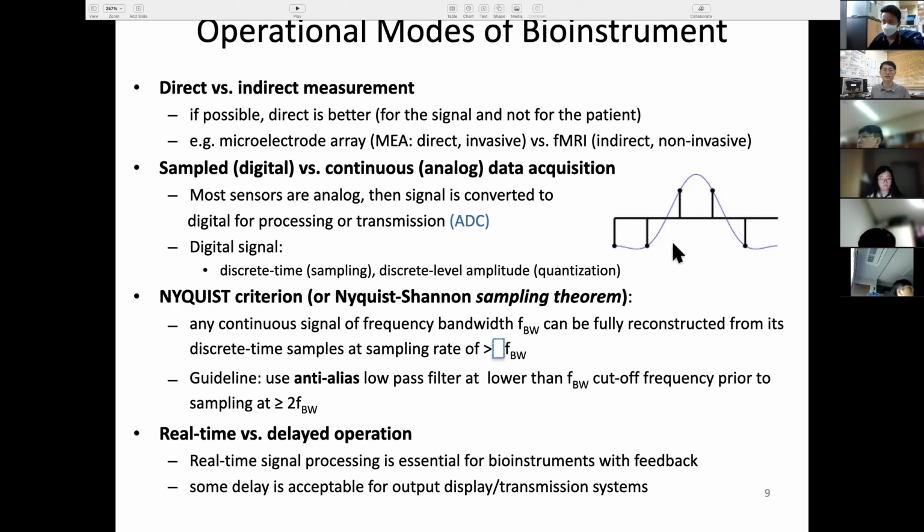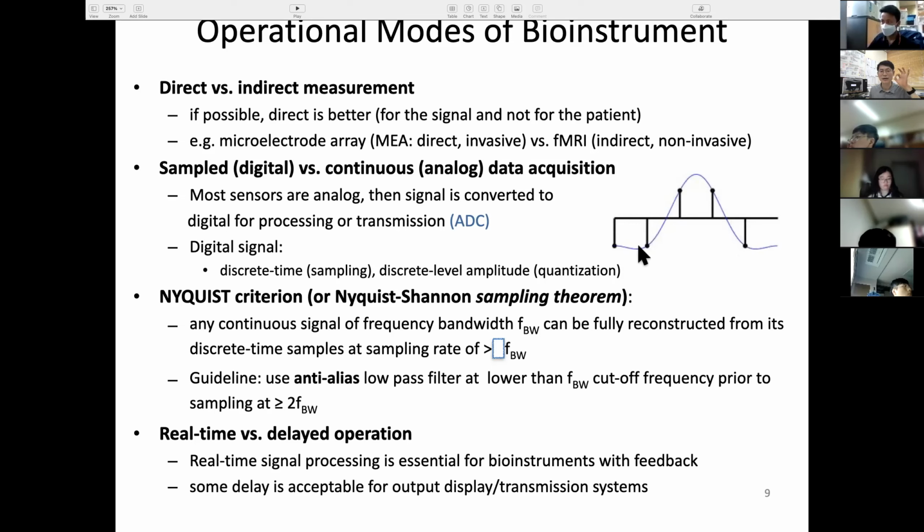So this is an example to show that, let's say, the blue curve is a time varying signal. Most of the time, we don't collect the signal unnecessarily often. So this is an example of collecting signal at discrete times. Look at these black dots.